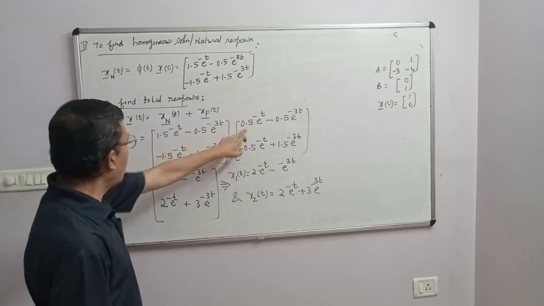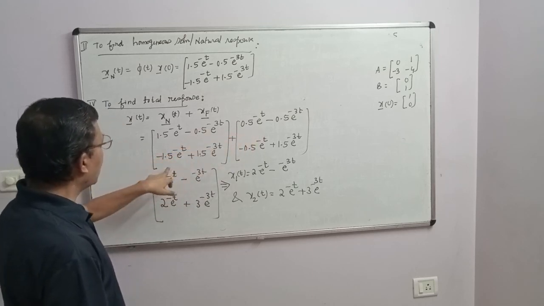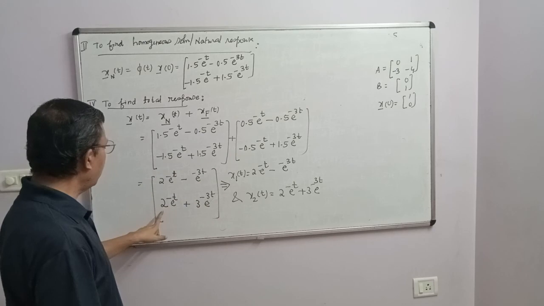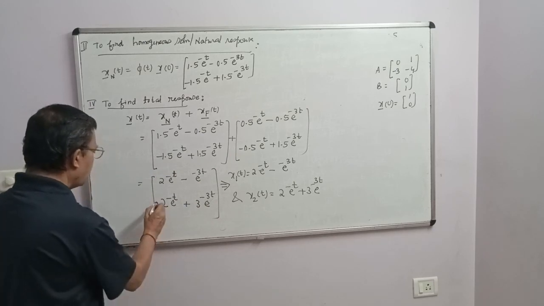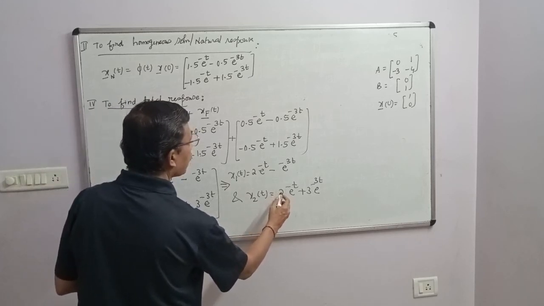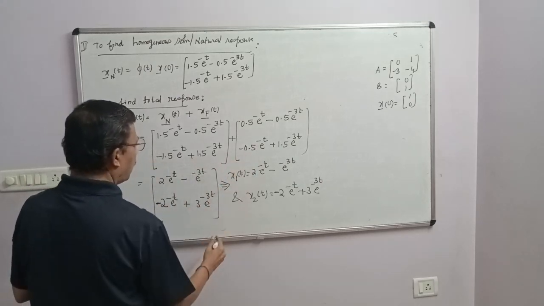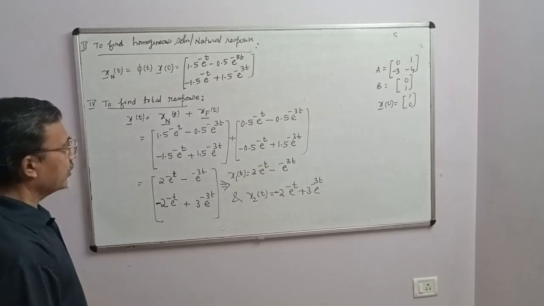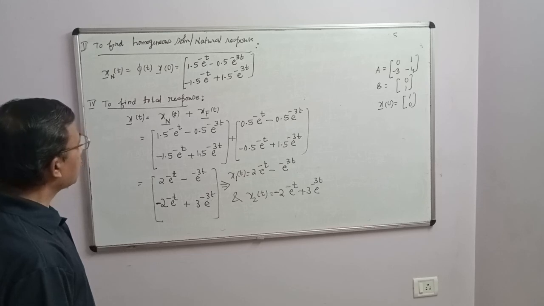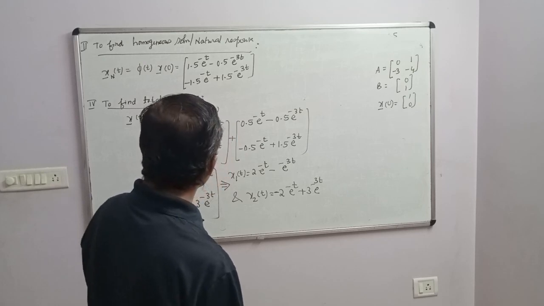1.5 plus 0.5 is 2. Minus 0.5 minus 0.5 is minus 1. Minus 1.5 minus 0.5 is minus 2. 1.5 plus 1.5 is 3. Okay.